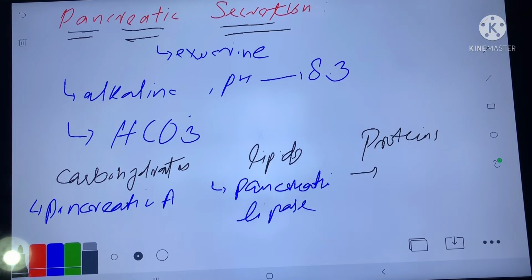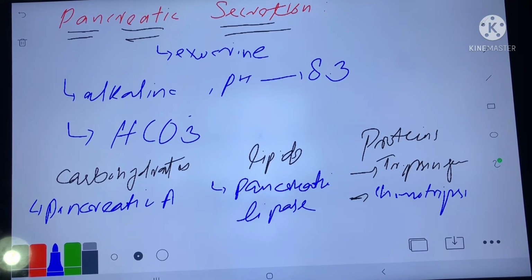In pancreatic secretion for proteins we have three enzymes. Number one, trypsinogen. Number two, chymotrypsinogen. And number three, procarboxypeptidases.